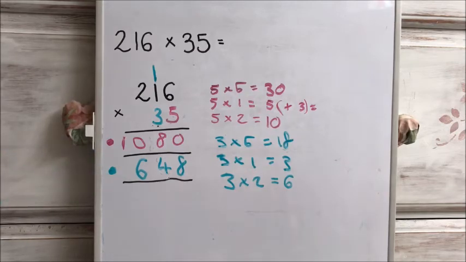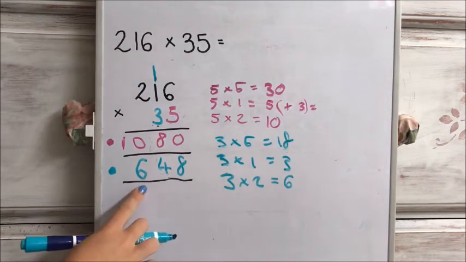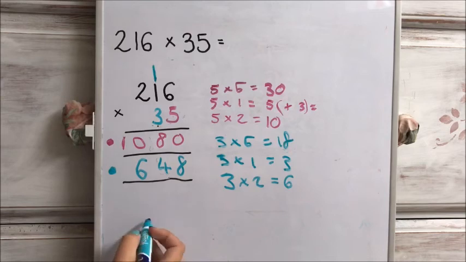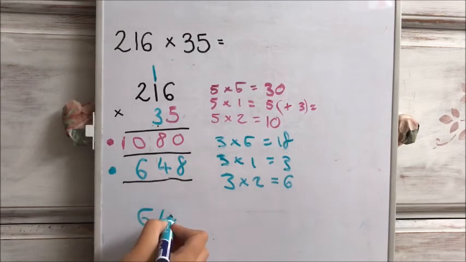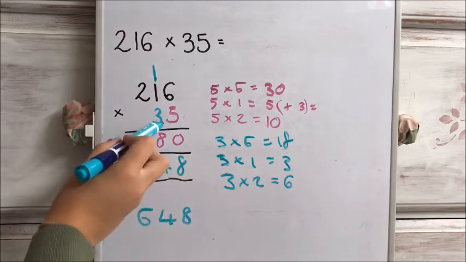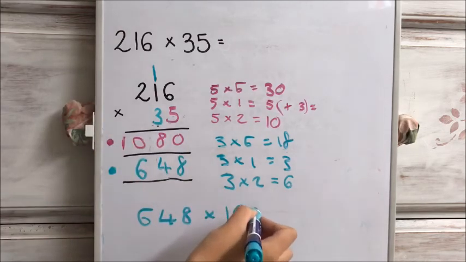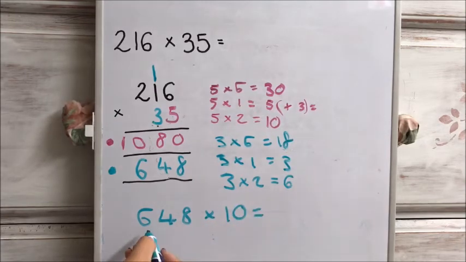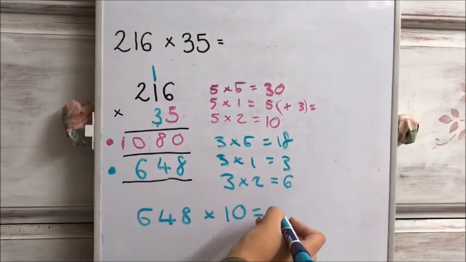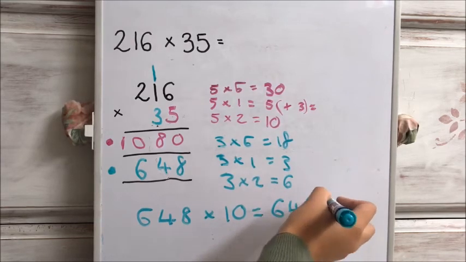So all we do for that is, after we've worked it out, we can take whatever number we got here, which in this case was 648, and all we need to do to change this 3 into a 30 is times it by 10. So 648 times by 10 becomes 6,480.